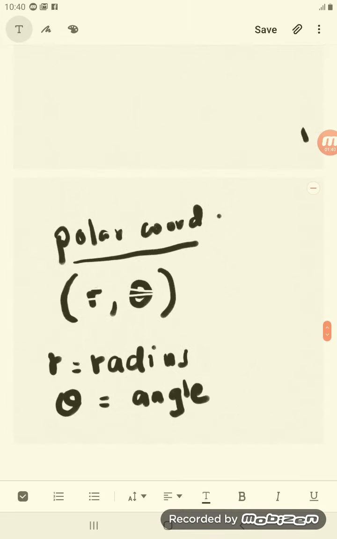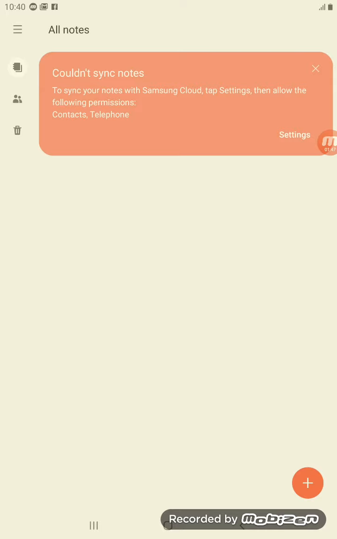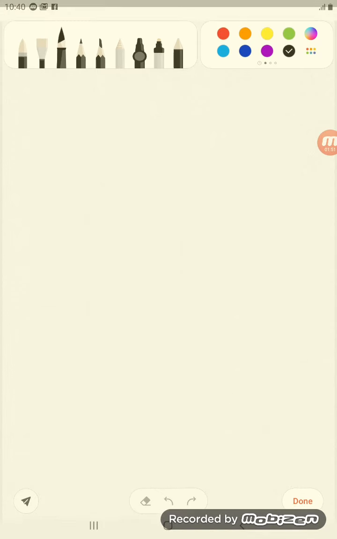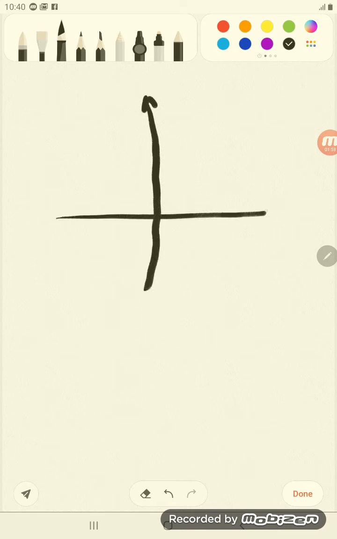So let's try to see it in another way. Let's say you have the x and y axes, something like this. You have the y axis, you have the x axis, and you have the origin 0. Let's say now we have a circle.